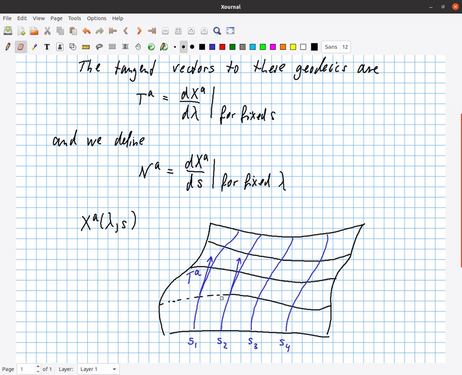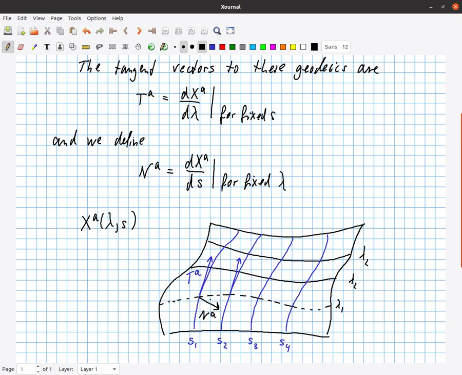I'm just making this a bit dashed. This would correspond to some lambda 1. Here we would have lambda 2, lambda 3. And the idea is that here you would have a second vector, n^a.